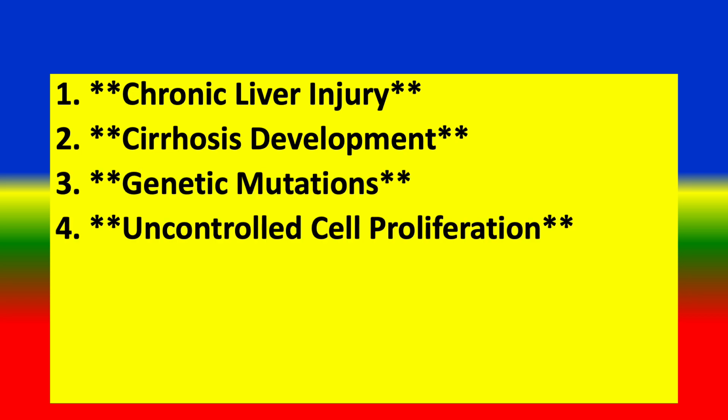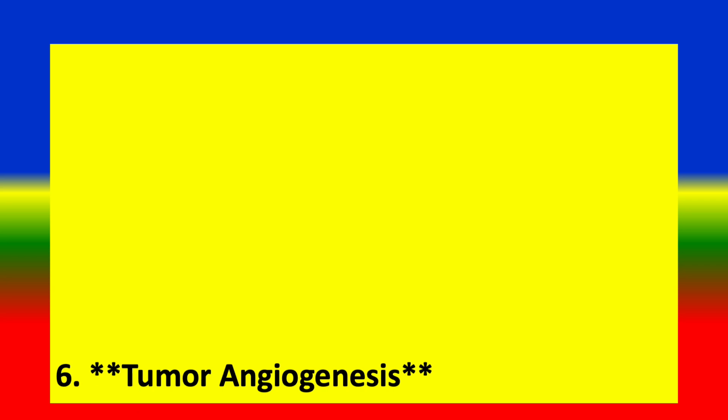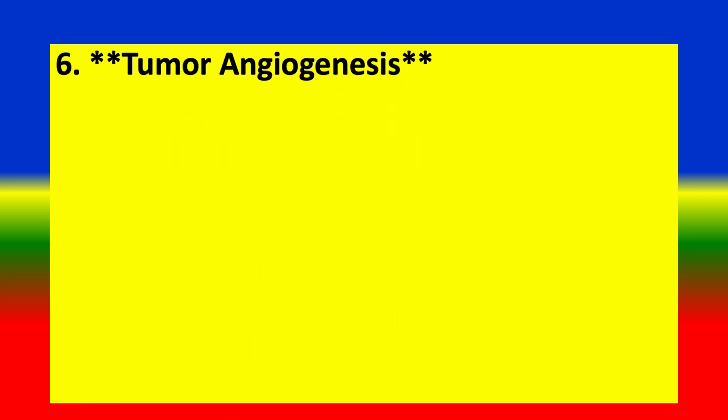1. Chronic liver injury. 2. Cirrhosis development. 3. Genetic mutations. 4. Uncontrolled cell proliferation. 5. Formation of tumor, hepatocellular carcinoma. 6. Tumor angiogenesis. 7.